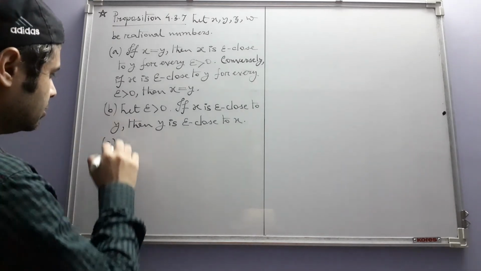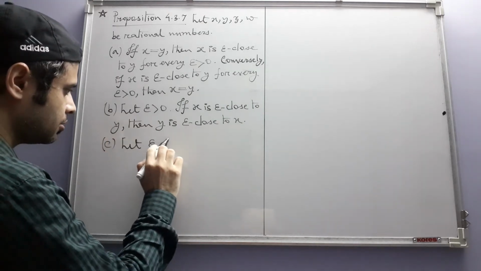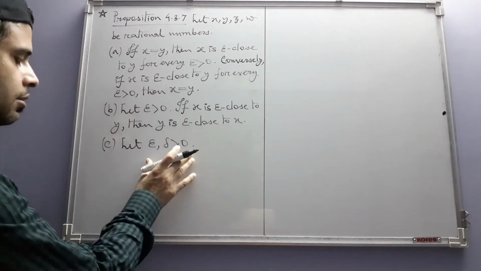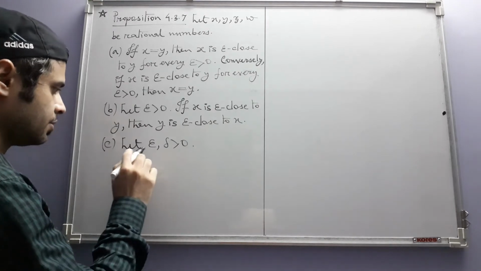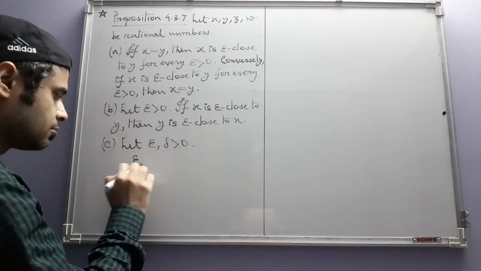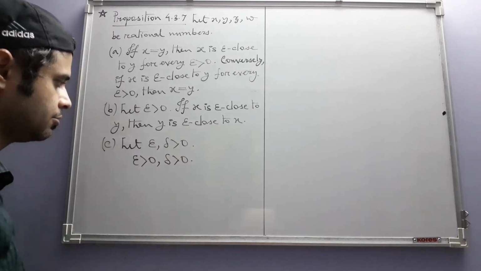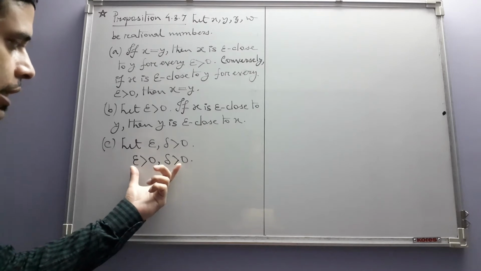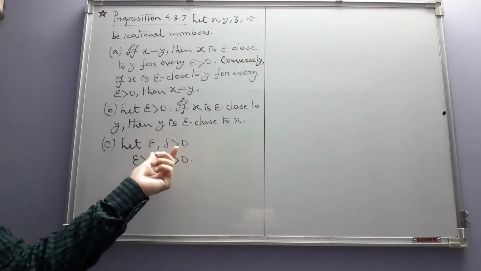Then part C. This one starts with two rational numbers, epsilon, delta greater than 0. A few words about this notation. It really means that both epsilon and delta are positive, but instead of writing both the statements, we shorten the notation and write the same thing like this.